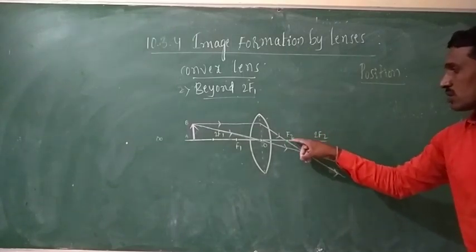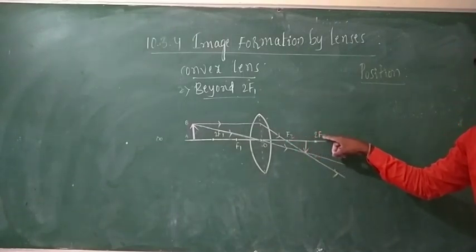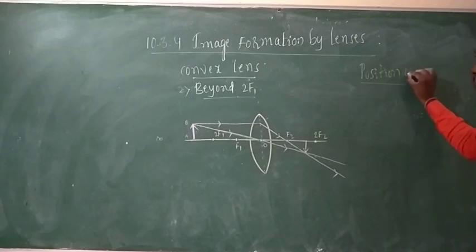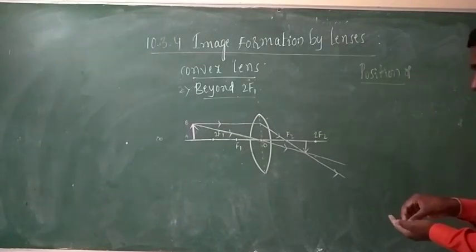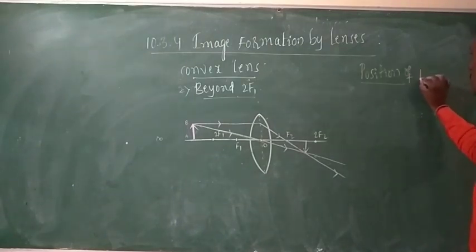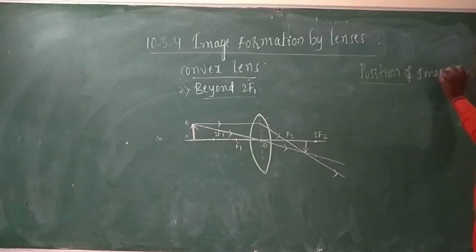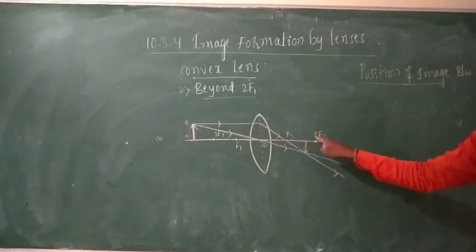Which are those? f2 and 2f2. Position of image is between f2 and 2f2.